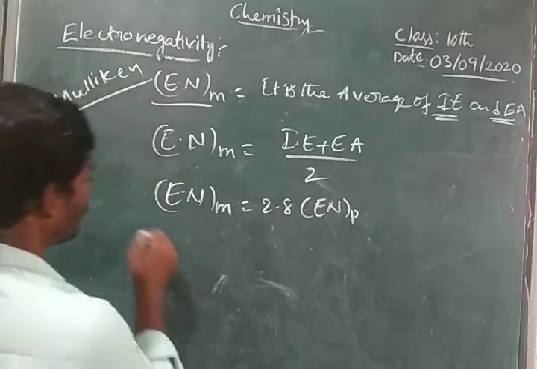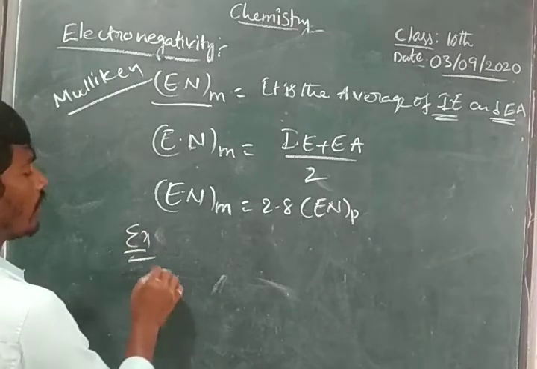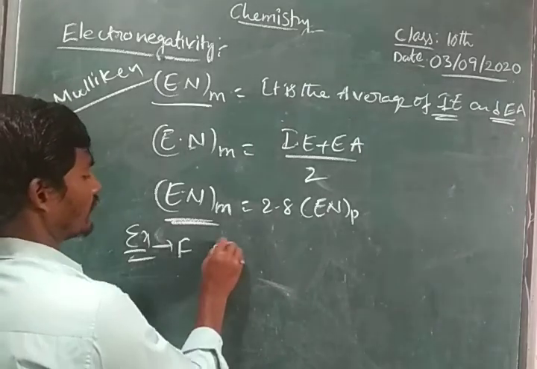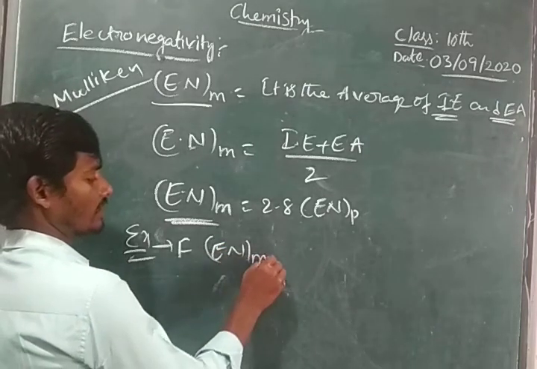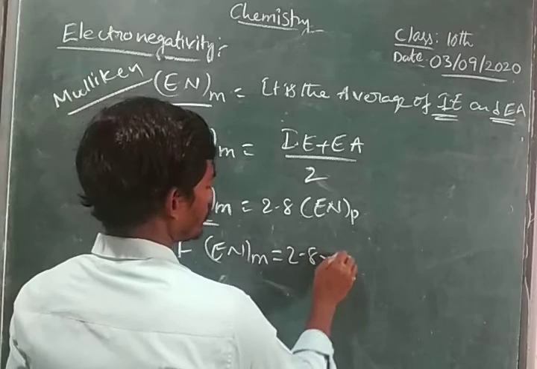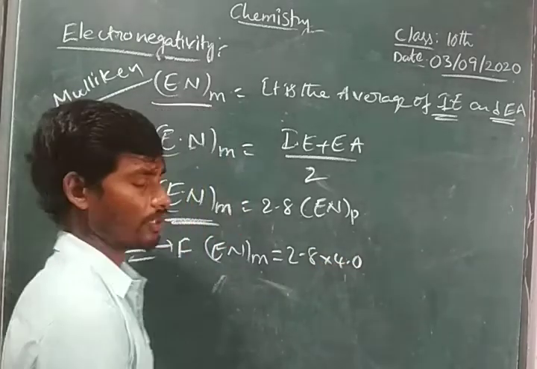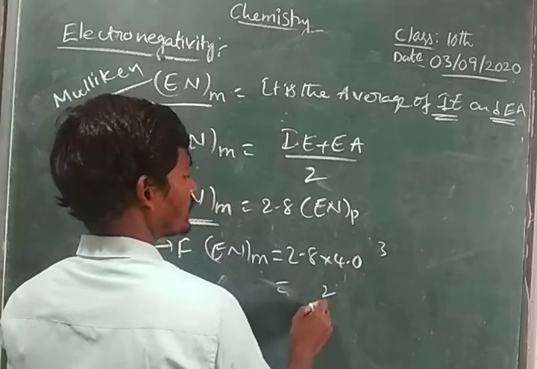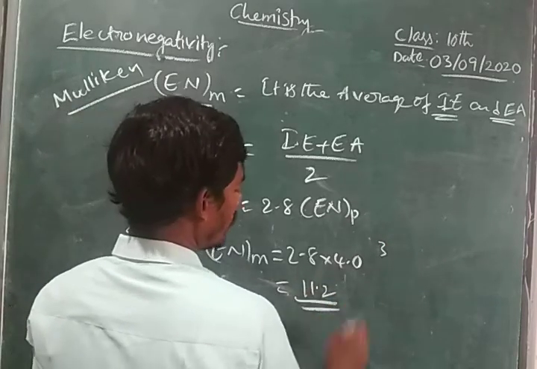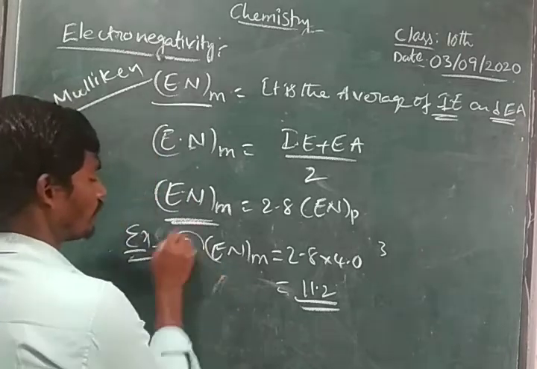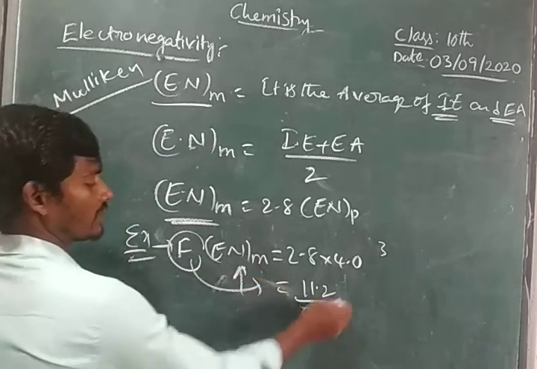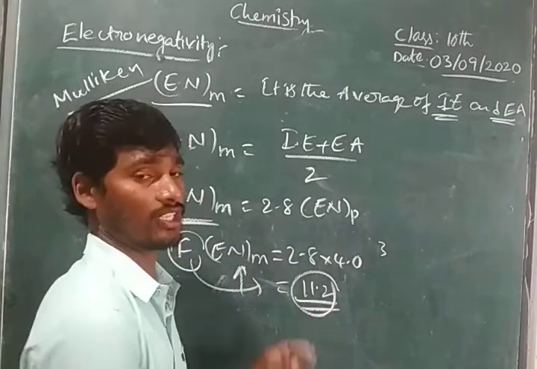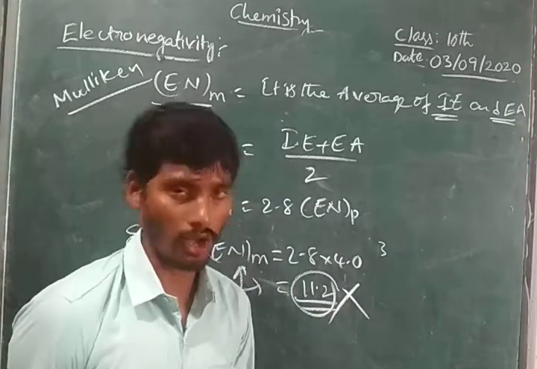For example, for fluorine, the Millikan electronegativity is 2.8 into 4.0, which is approximately 11.2. But there is no other element having this much electronegativity. That's why the Millikan scale is wrong.